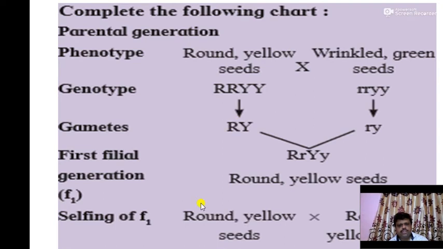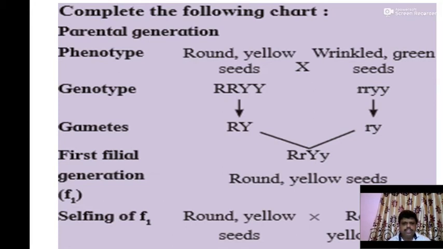During gamete formation in this dihybrid cross, the distribution of factors in gametes is independent of the original one. So this is simply regarding the third law of independent assortment.